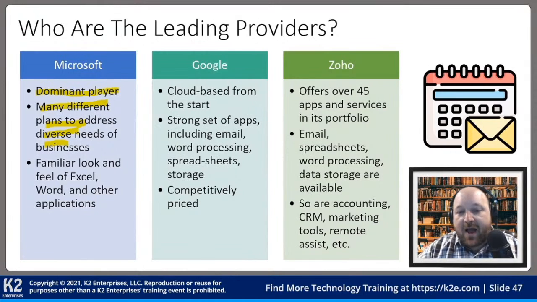With 365, the cheapest you can get would be their small and medium-sized plans at $12.50 per month, going up to their enterprise plans at almost $60 per month. It includes a whole suite of cloud applications plus your licensing for Office. And for a lot of organizations, that's a very cost-effective way of acquiring Office. And it's the least amount of investment in terms of personnel time.